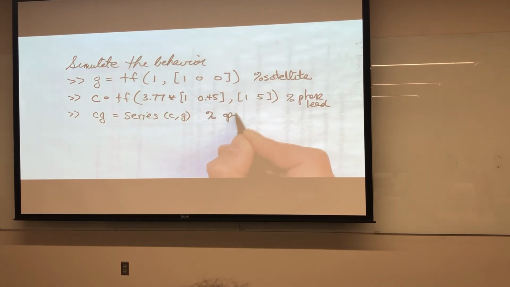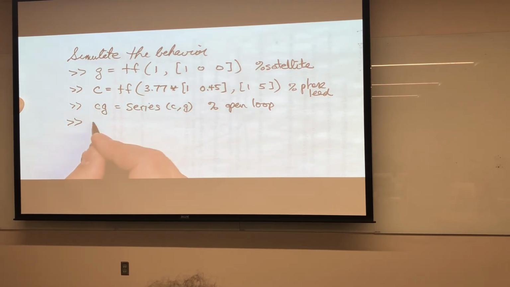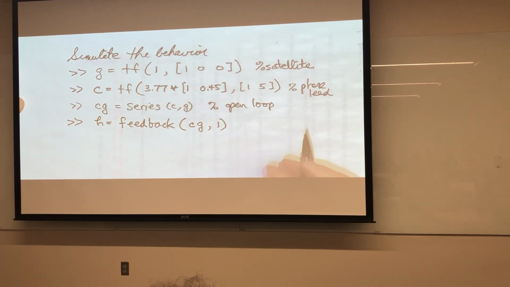This is the open loop. Let's calculate the closed loop. Let's give that closed loop a name. Let's call it H. H is the feedback system, where the forward gain is CG and the feedback gain is 1.